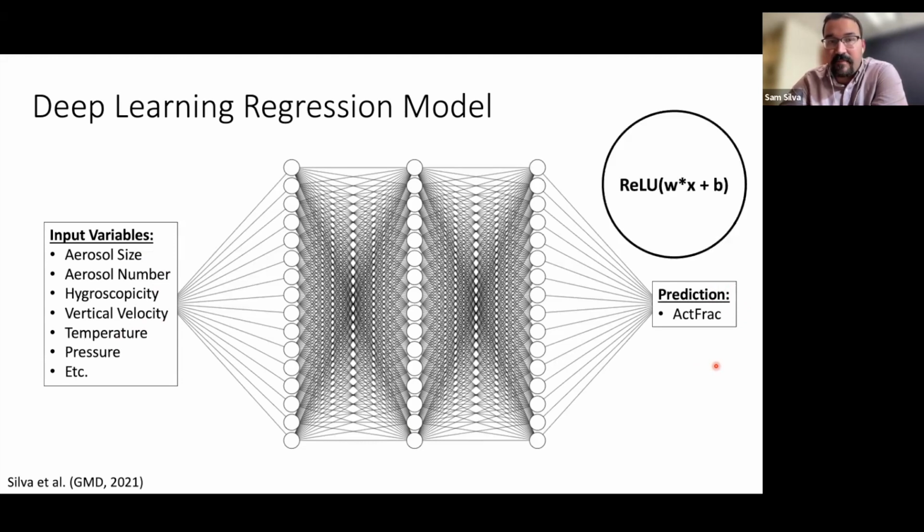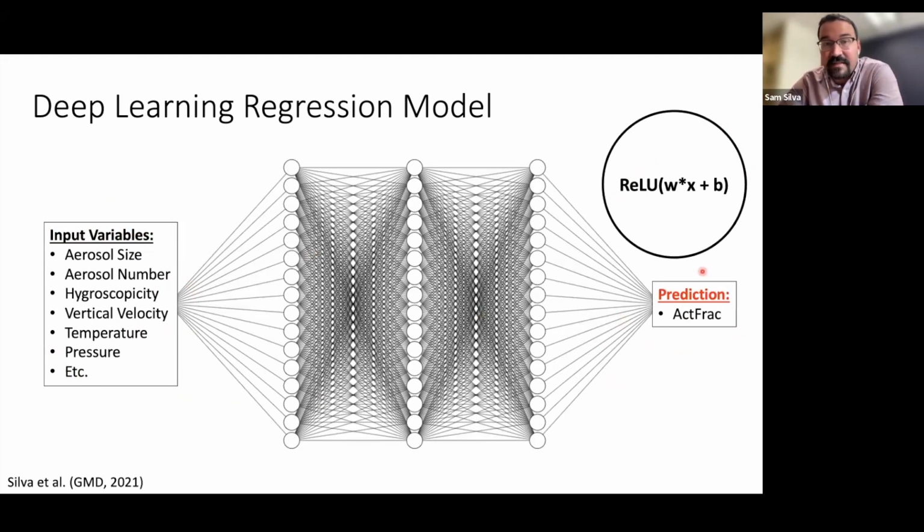And then each node, of course, computes a nonlinear activation function on top of some linear operations. So again, we take as input variables parameters related to the meteorological state that we know drive aerosol activation. So these are the inputs to the actual parameterization as they would exist in an Earth system model. We predict the fraction of aerosol activated.